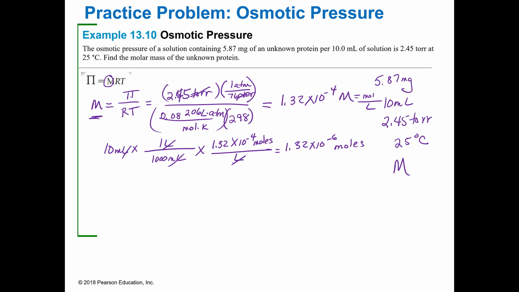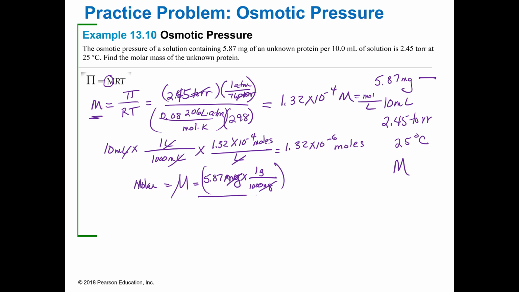So the molar mass, and remember it's like that, is going to be the grams of material. We've got milligrams, so in 1 gram there's 1,000 milligrams, so that'll get us to grams.